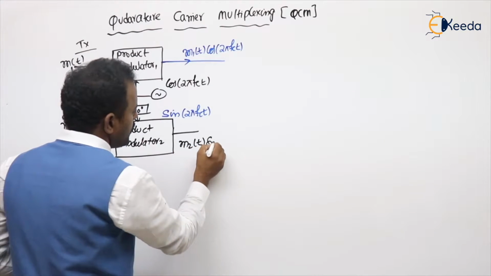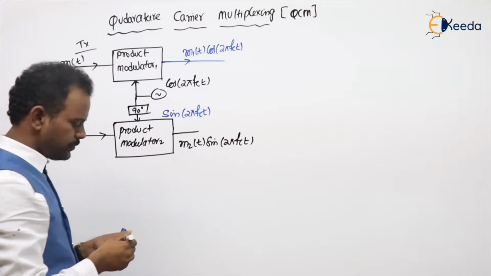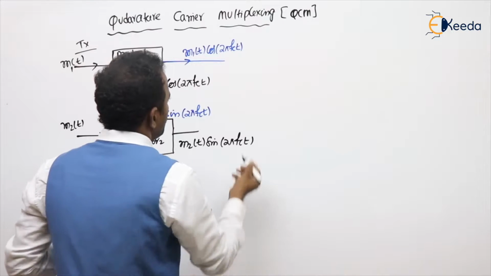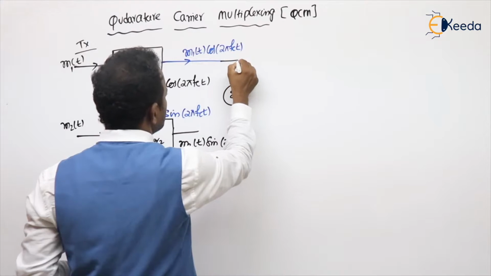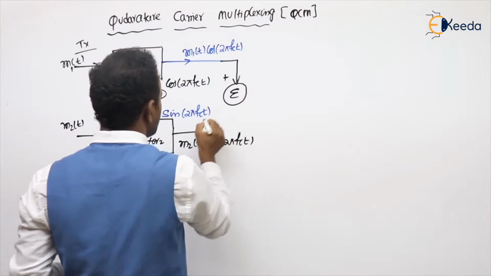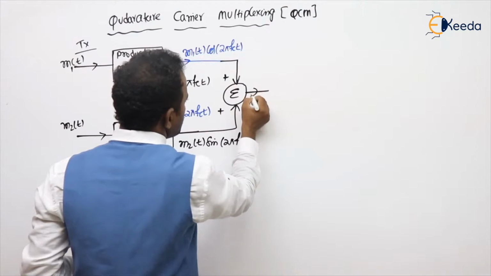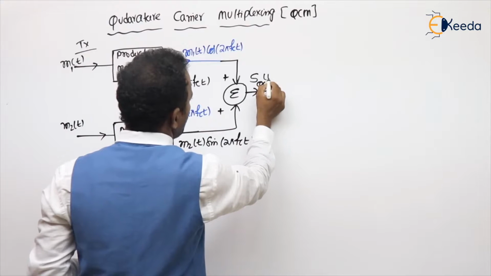M2 of t into sine 2 pi fct. Getting my point? So let's take a sum. We are adding both. So the output is nothing but the QCM signal.